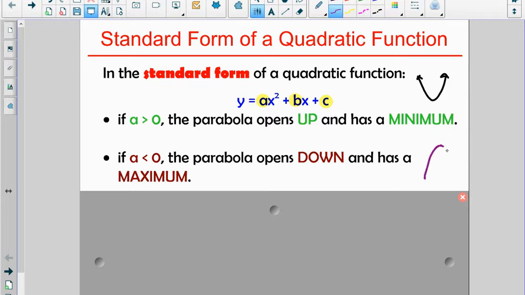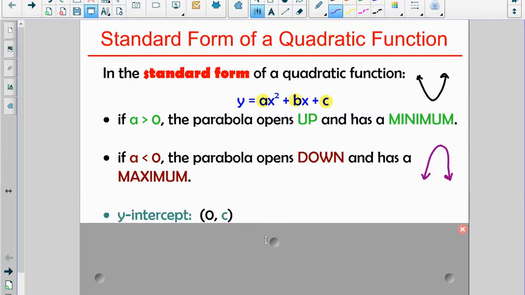And any parabola that opens down would then have a maximum at the top, a highest point on the parabola. Okay, so all parabolas that open up have minimums, all parabolas that open down have maximums. And that is all dependent on this value out in front as the leading coefficient of the quadratic. It has to do with whether A is positive or negative.